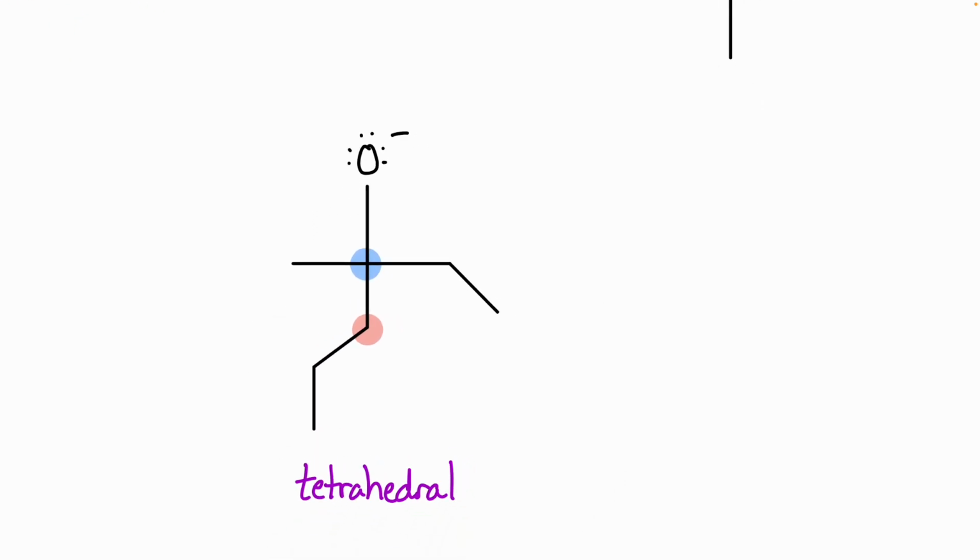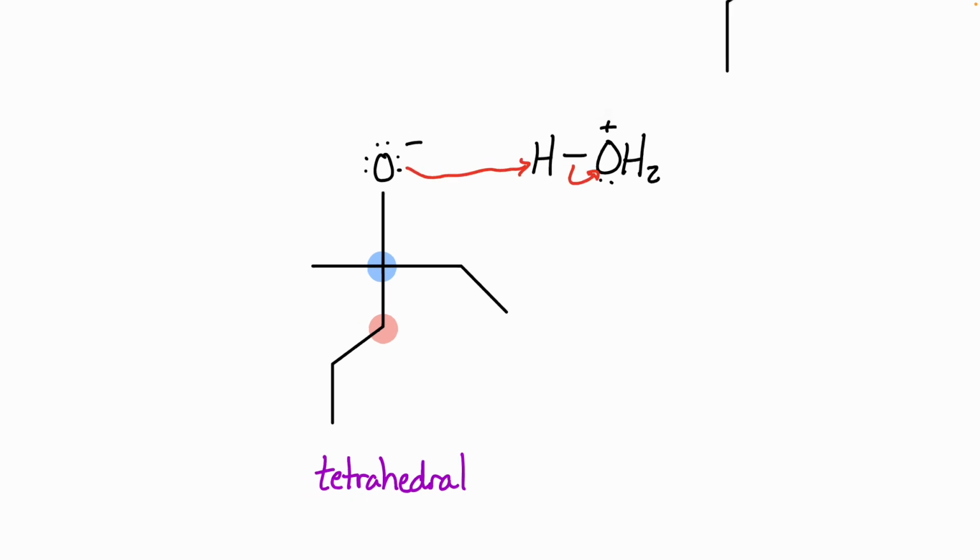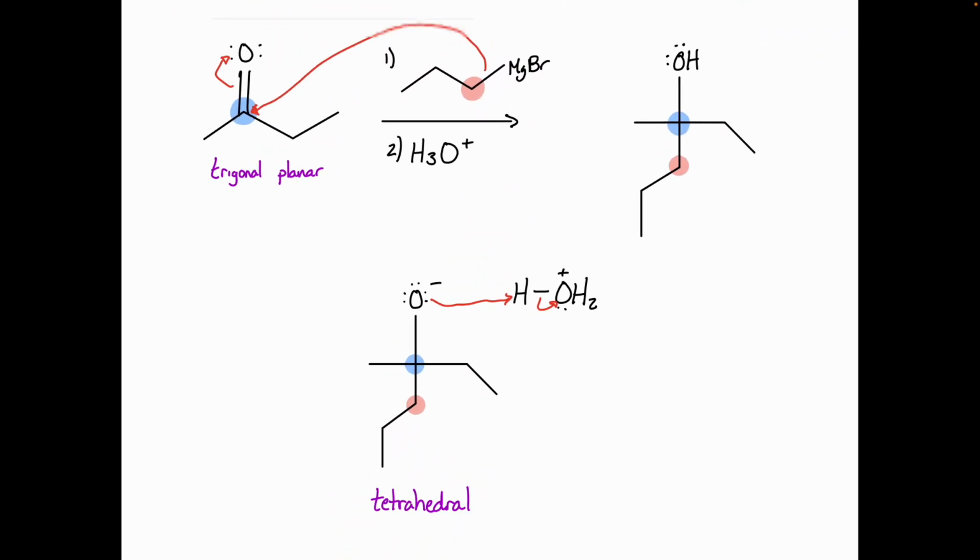Our tetrahedral intermediate is stuck here. The only thing that we can do is use that acidic workup step. You can use water as well. They tend to add in weak acid to protonate that oxygen.